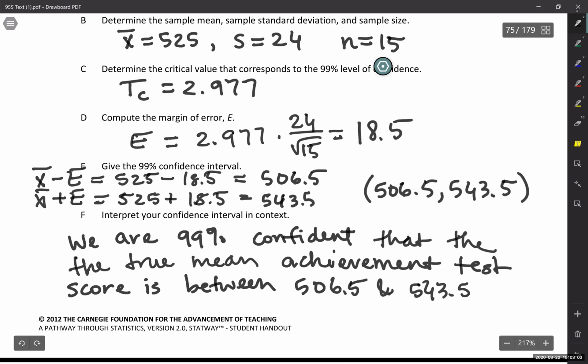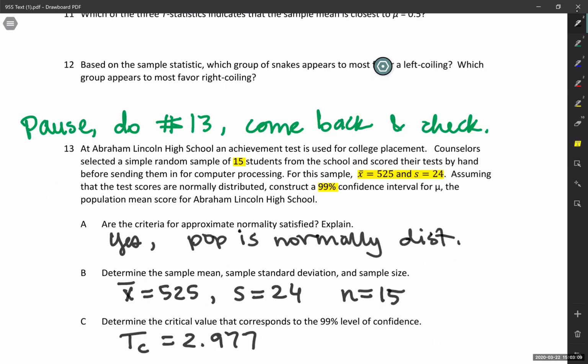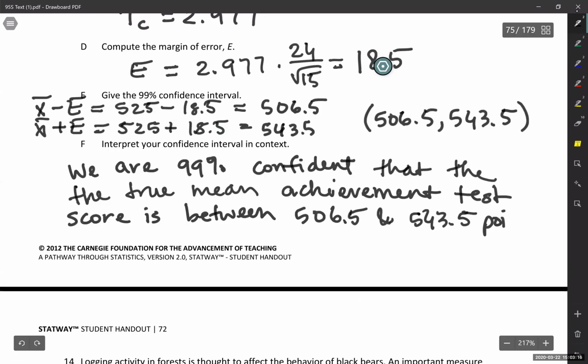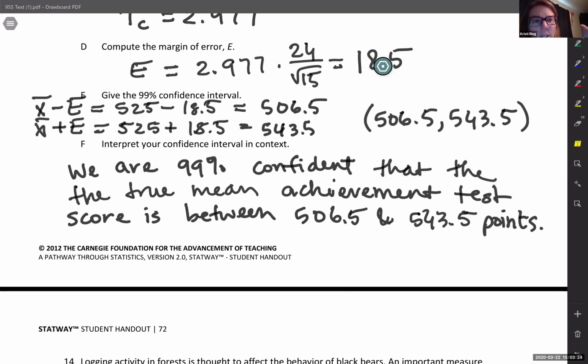I forgot to write the units in my notes, so let's just double check. It doesn't give us units, but they're test scores, so I'm guessing points would be a good word to use for units. All right, so that is it for the lab that we are doing here, and now hopefully you're ready to watch the lecture.